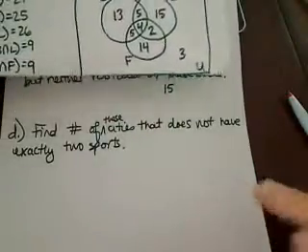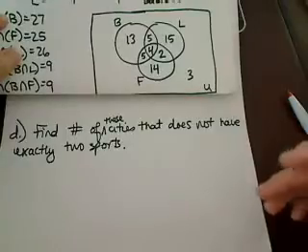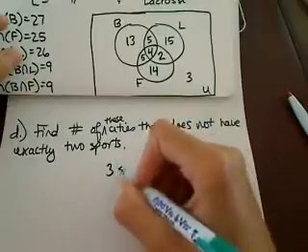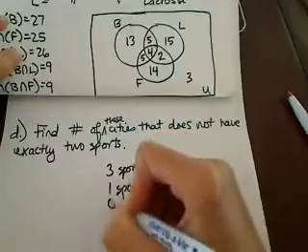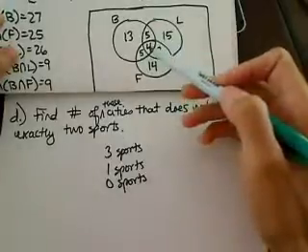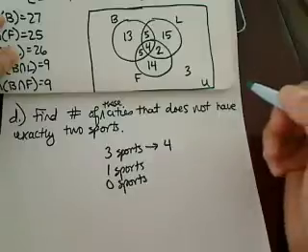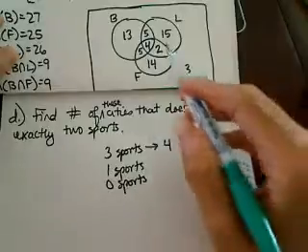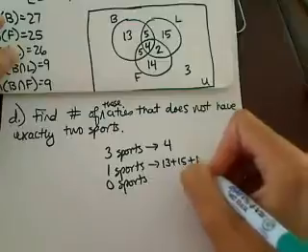they're asking us to find the number of these cities that do not have exactly 2 sports. If you don't have exactly 2, then you can have 3 sports, you could have 1 sport, or you could have 0 sports. So those are the regions we're going to want to add together. For 3 sports, there's 4 cities. For 1 sport, there's the 13, the 15, and the 14.